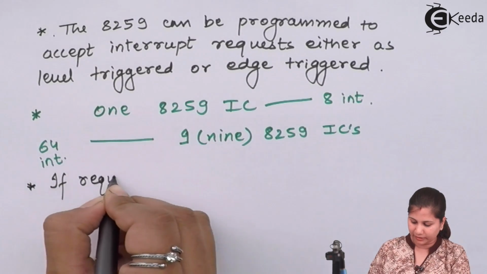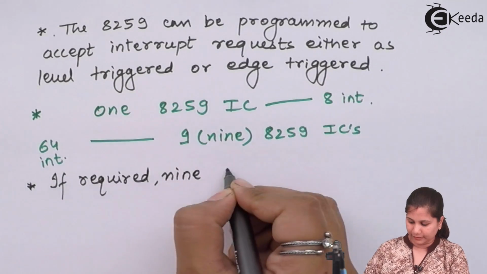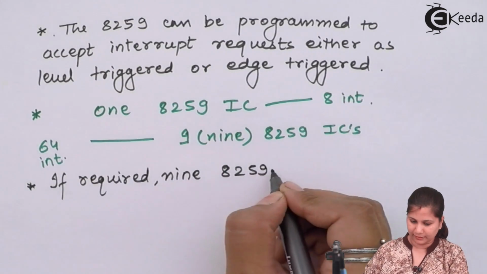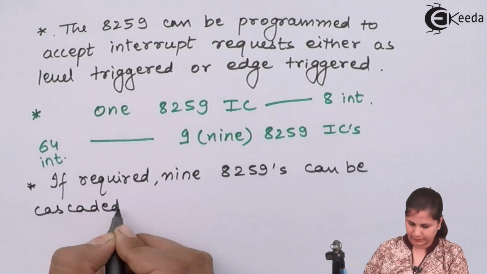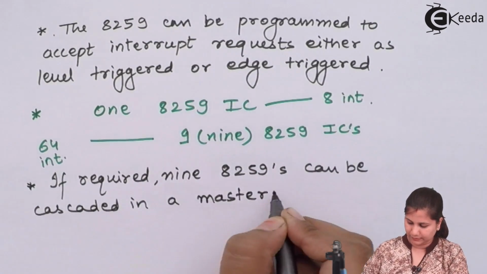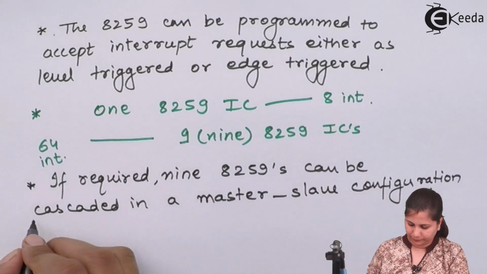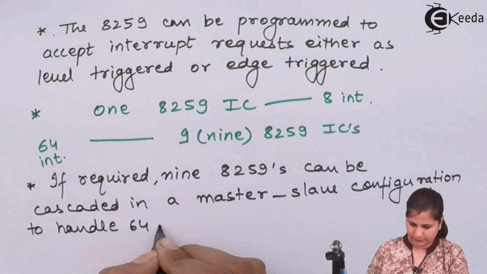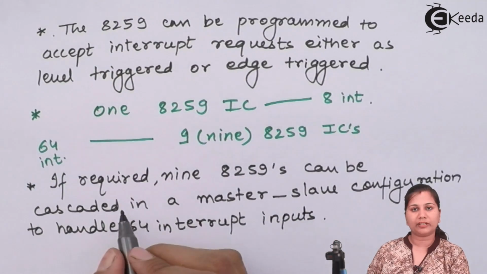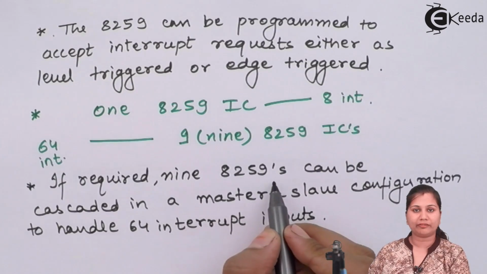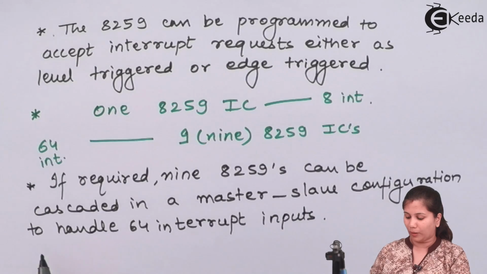So if it is required, 9 8259 ICs can be cascaded in a master slave configuration to handle 64 interrupt inputs.